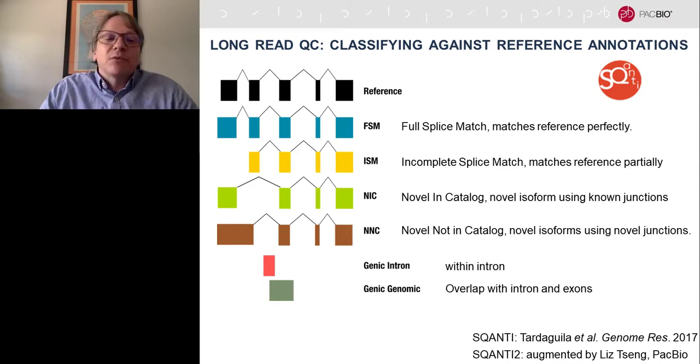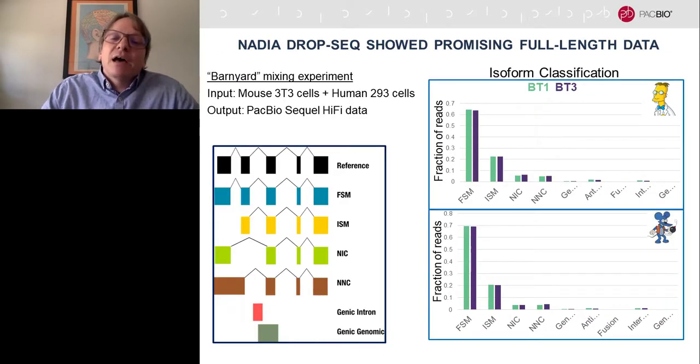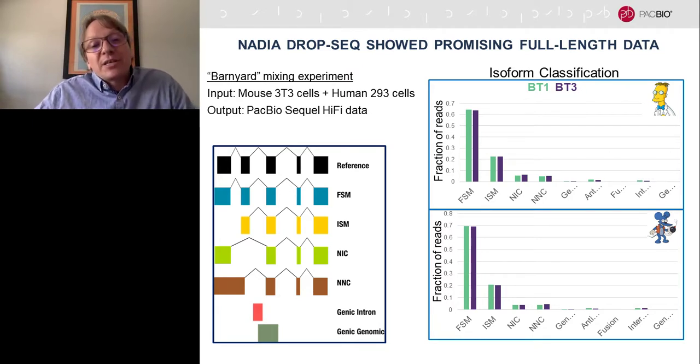So the Dolomite folks ran what is colloquially called a barnyard mixing experiment, and that's to mix mouse and human cells together in the microfluidics, and then carry out PacBio, and they performed Illumina sequencing as well.